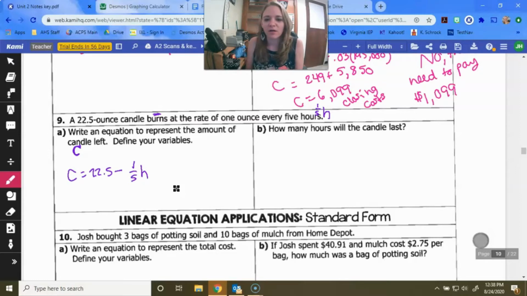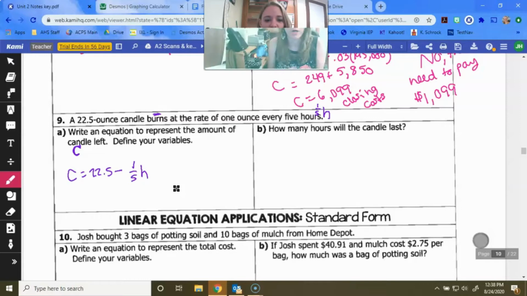So if I burn it for 5 hours, I'm going to lose the 1 ounce, right? In other words, if I plug in an H and make that 5 hours, H will be my hours, then I'll have 5 here, and this 5 and this 5 will cancel out, leaving you with 1. So the 22.5 minus your 1 ounce.